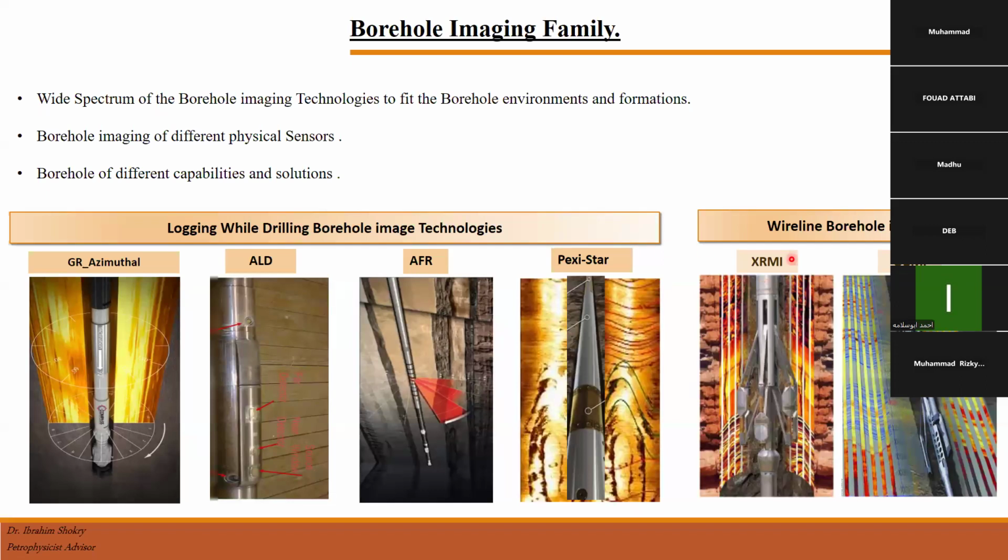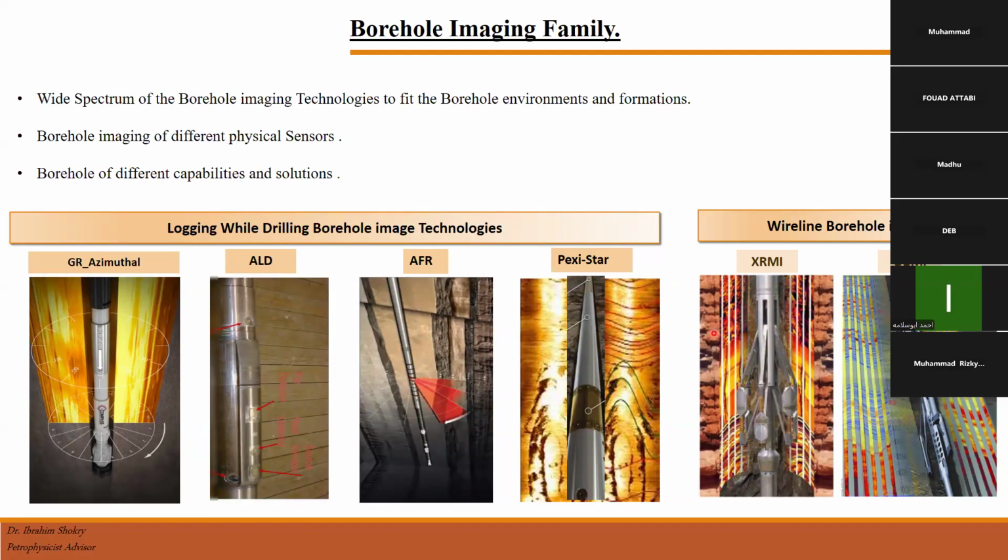So what is the difference between XRMI and OMRI? The difference is that the first tool runs in water-based mud, while the other tool runs in an oil-based mud environment.